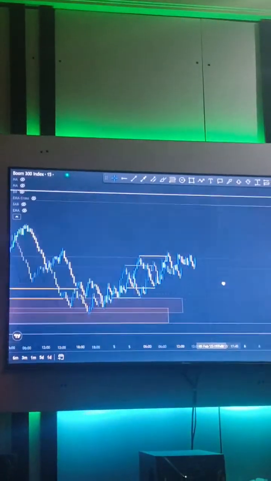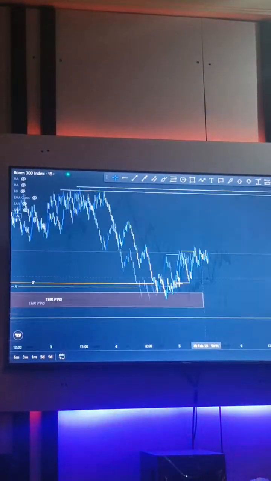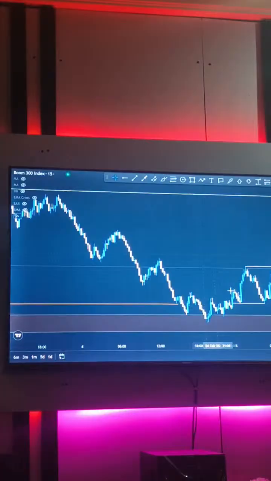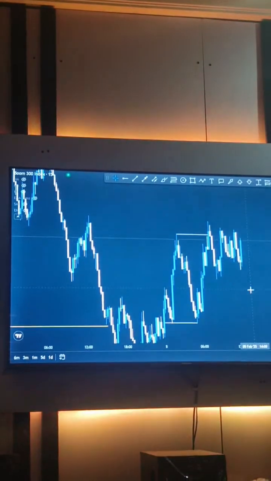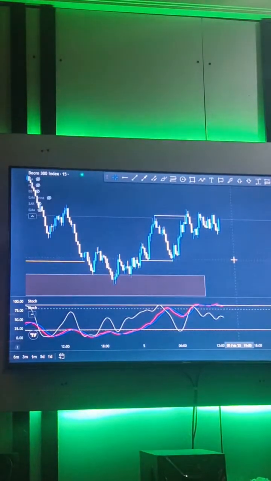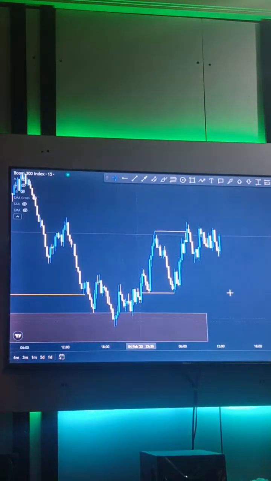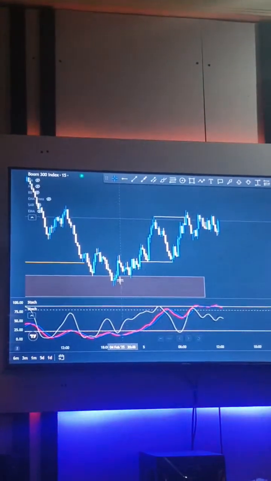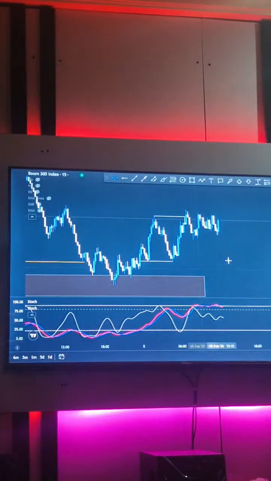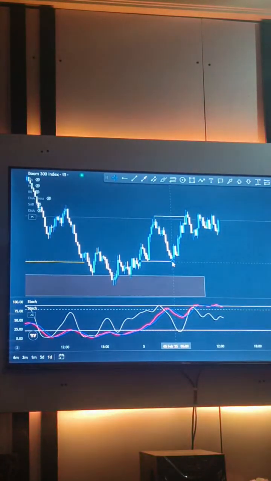But let's just watch. So this is what we have now on Boom 300. The only entry I'm looking at right now is this. According to our stochastic, we had our low from here. Then we have our new low here.